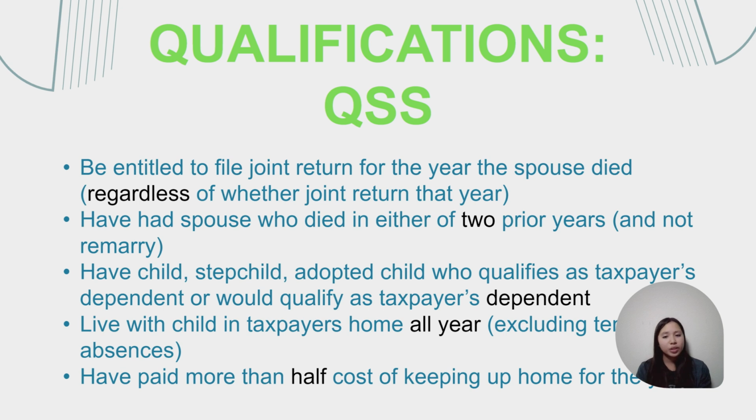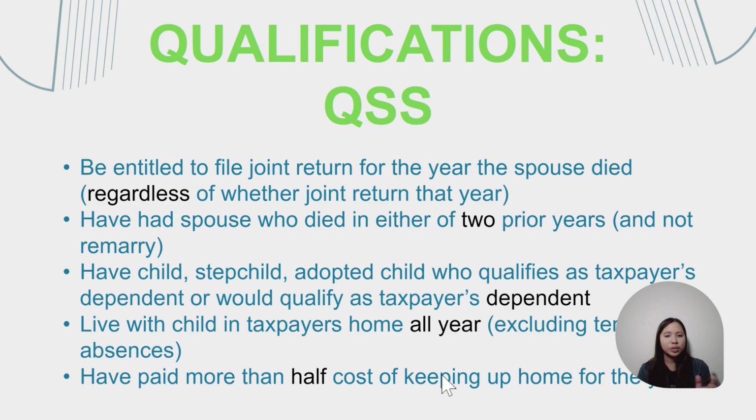So the first year you would claim qualifying surviving spouse filing status because your spouse died that year, and so you're still seen as married filing jointly. And then if you had a dependent child, you would be able to take this status for the next 2 years and still file with the same benefits as a married filing jointly person would.